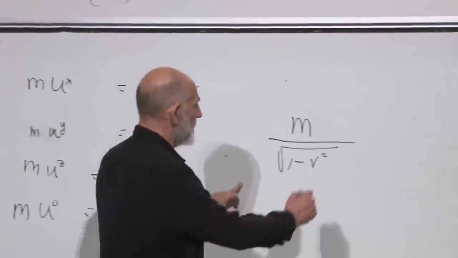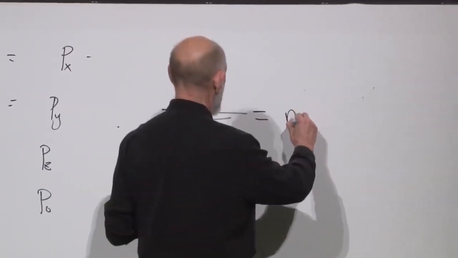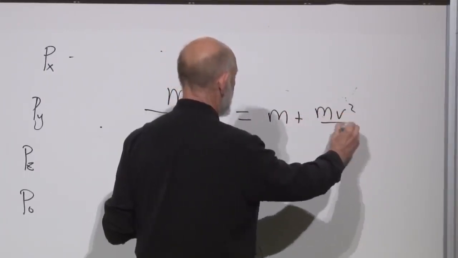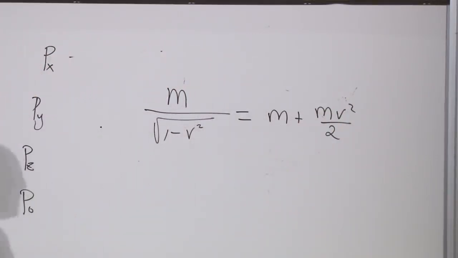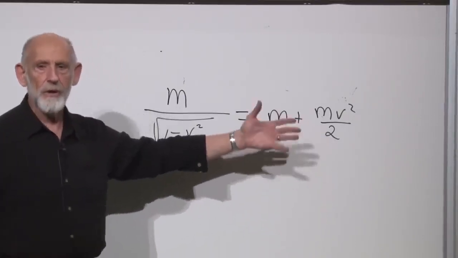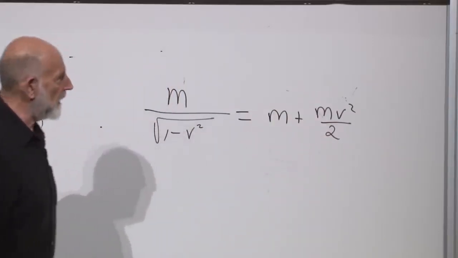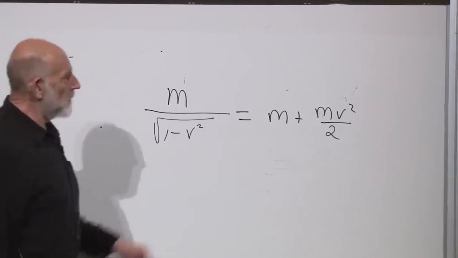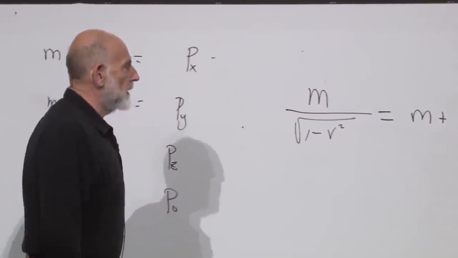So this becomes m plus m v squared over 2. This, of course, is completely recognizable again. It is just the ordinary Newtonian kinetic energy. Had Newton known about energy, this would have been what he would have written down for kinetic energy. I have no idea who first thought of this as energy, but somebody did.